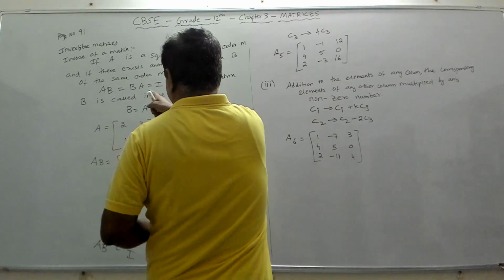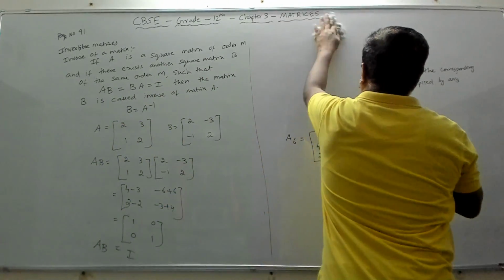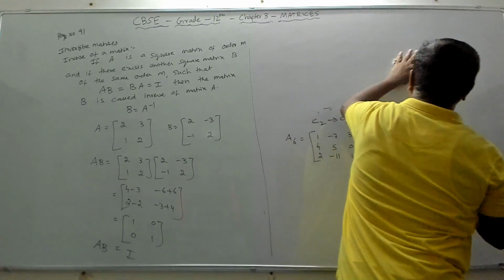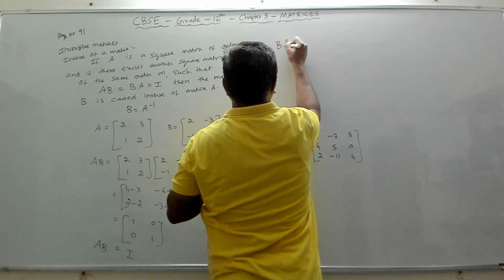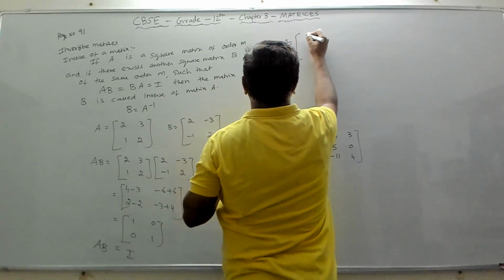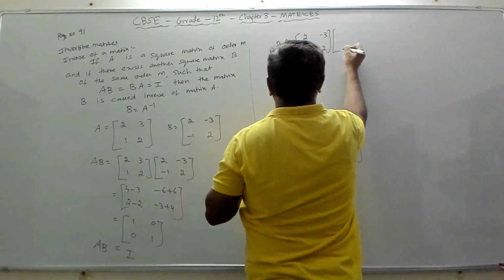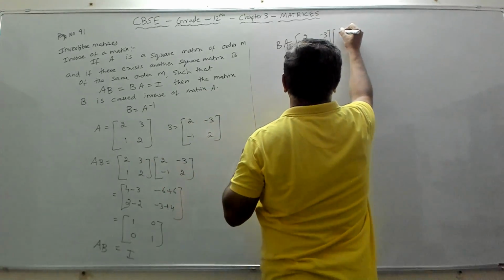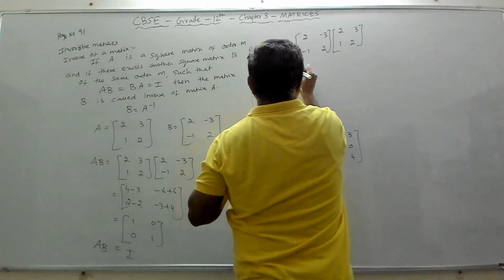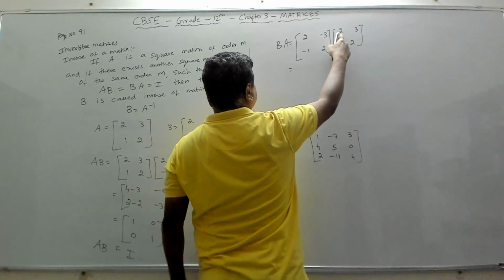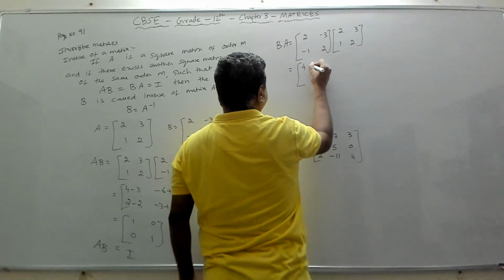Also, we should check BA, because matrix multiplication is not commutative. So multiply B into A. The B matrix is [2, -3; -1, 2] into the A matrix [2, 3; 1, 2]. Now when you multiply, 2 into 2 is 4, then minus 3 into 1 is minus 3.